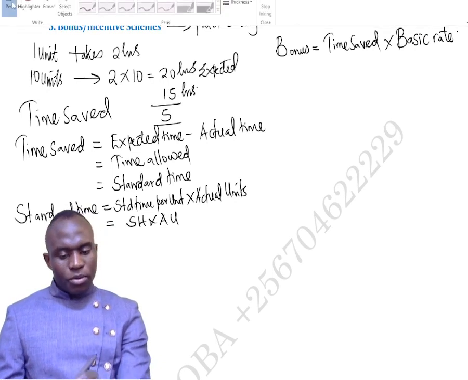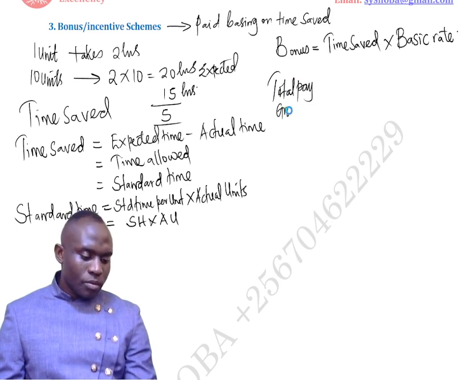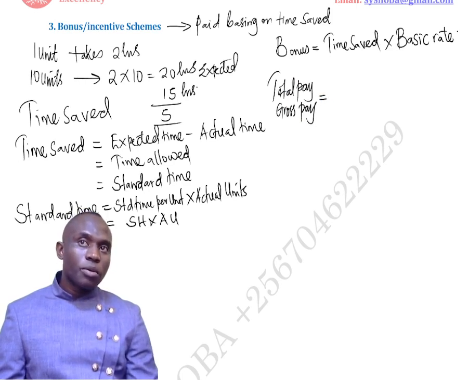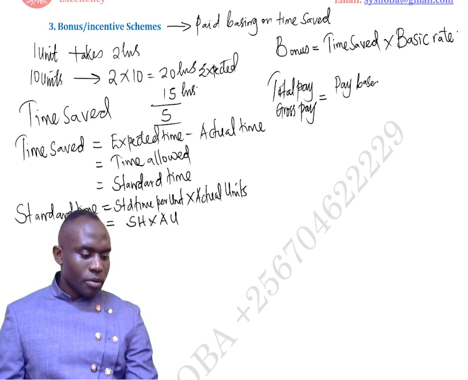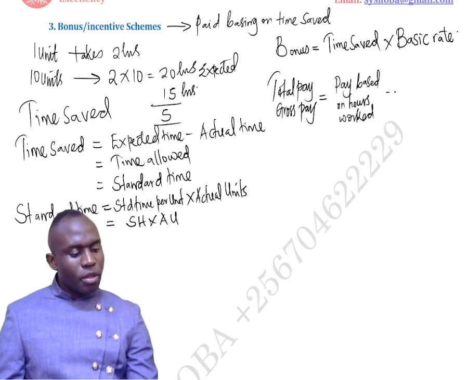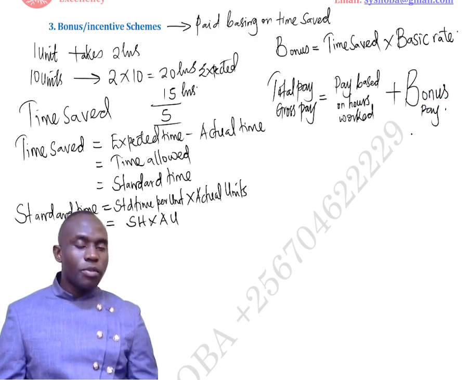And if they want you to calculate the total payment or gross payment, so the total payment or gross payment is going to be the payment basing on the hours worked, then plus the bonus payment. So this would give you the total payment.